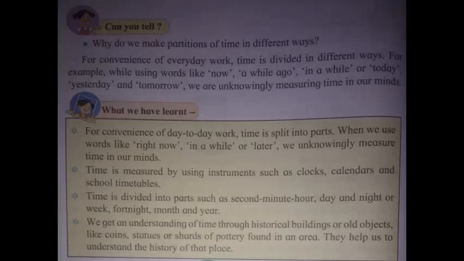Time is divided into parts such as second, minute, hour, day and night, week, fortnight, month, and year. We get an understanding of time through historical buildings or old objects like coins, statues, or shreds of pottery found in an area. They help us to understand the history of that place.